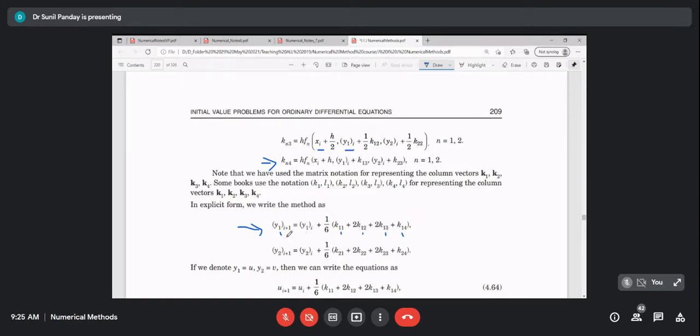Because here we have two dependent variables y1 and y2, we have reserved the first index of k for y1, and similarly for the y2 dependent variable we have k21, k22, k23, where the first index is reserved for y2, and the rest of the things are the same.